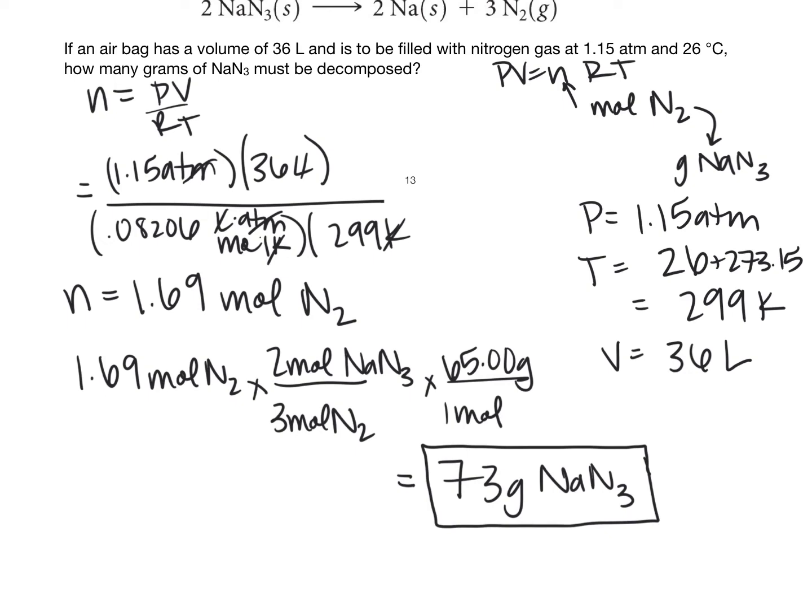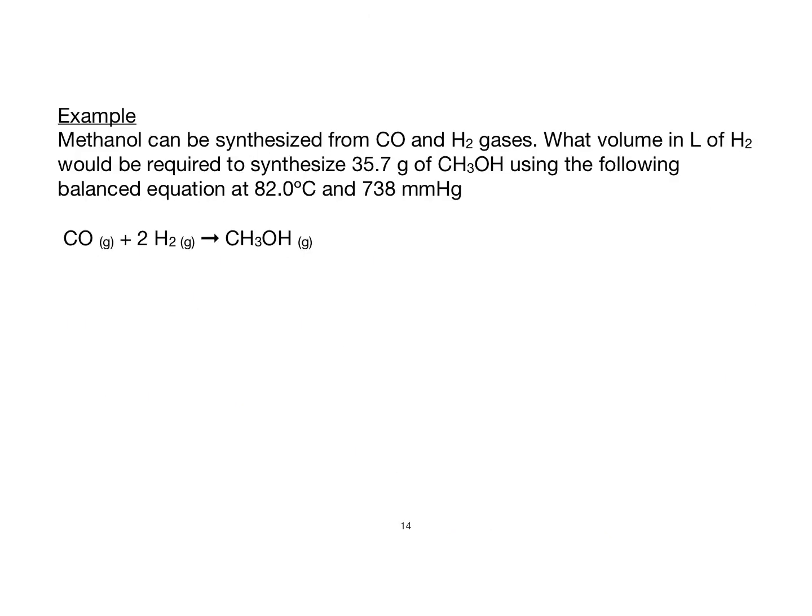So we can start to also think about this in other examples. Methanol can be synthesized from carbon monoxide and hydrogen gas using this balanced equation. What volume in liters of hydrogen gas would be required to synthesize 35.7 grams of methanol using the following balanced equation at 82 degrees Celsius and 738 millimeters of mercury?